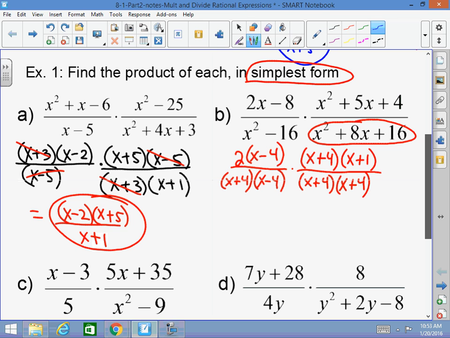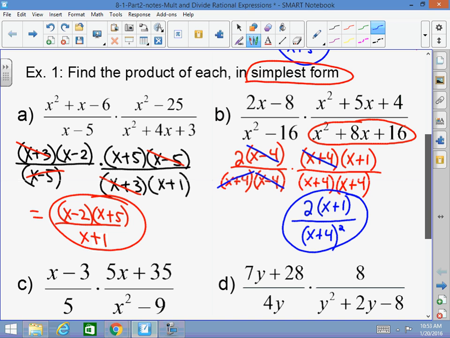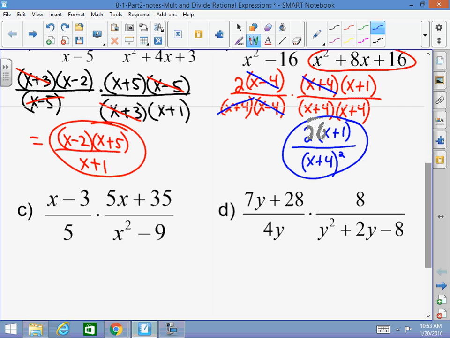The x minus 4 and the x minus 4 cancel. This x plus 4 cancels out with this x plus 4. And I'm done. So I've got 2 times x plus 1 over x plus 4 times x plus 4, so that's x plus 4 squared. Done.